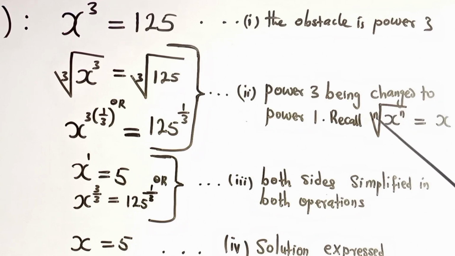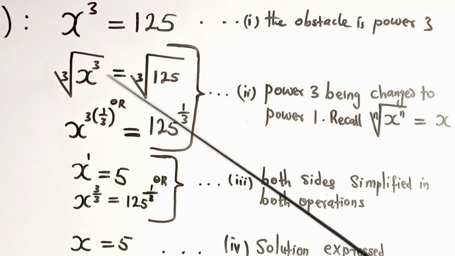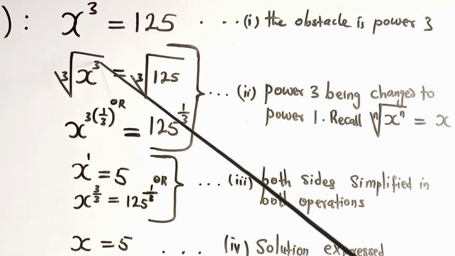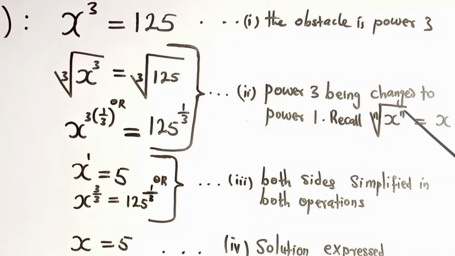As long as the root is the same as the power, that is, if the root corresponds to the power, the answer you get at the end is that same number raised to power 1. For instance, here, our x remains the same x. Our n is 3. See the 3 here and here. See n here and here. So this is the formula for clearing powers from variables.